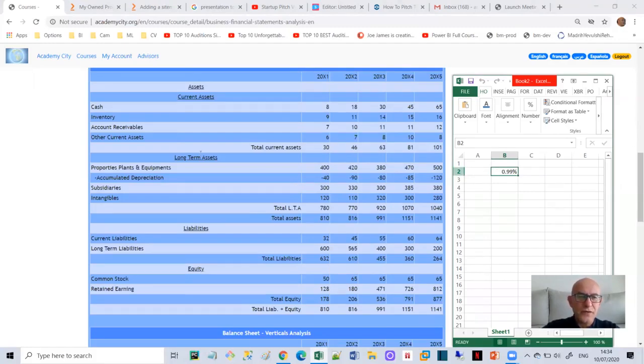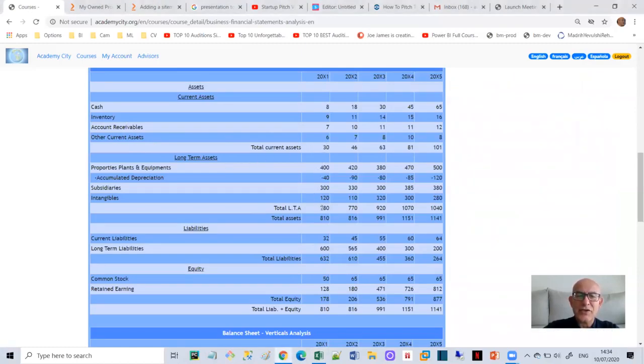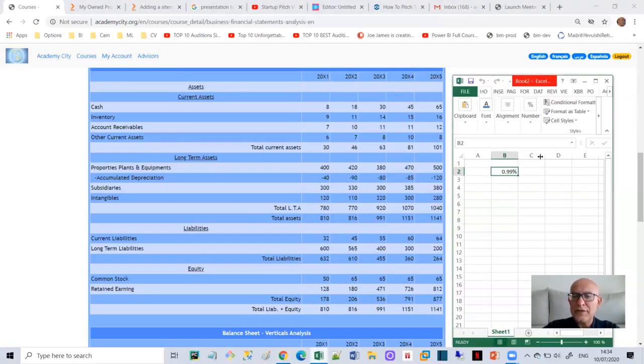For example, total current asset, how much is its percentage from the 810? We simply do the same things here, and instead of the 8, I'll just write here 30, and that will be the percentage of the current assets of the total assets.